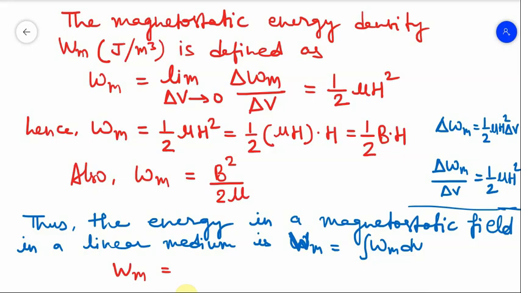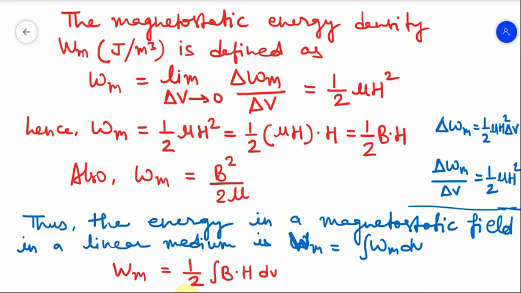So finally we can write Wm equals half integration of b dot h dV, because the total energy in a magnetostatic field in a linear medium is defined by capital Wm, and that is equal to the volume integral of this magnetic energy density, small wm, which we have derived. So small wm equals half bh.